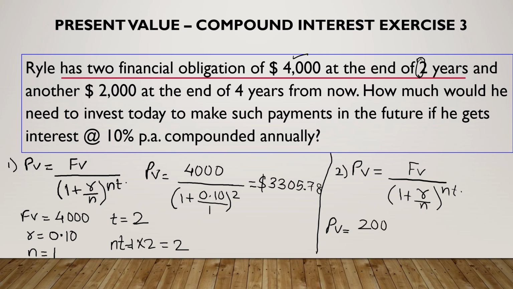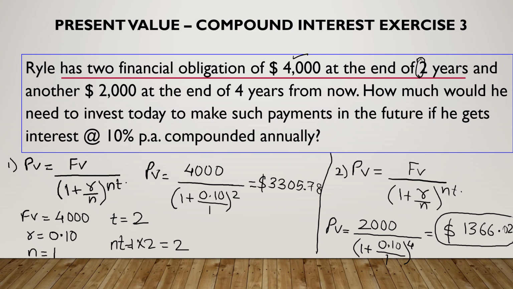Just pay attention. 2,000 divided by 1 plus r, rate of interest is the same 0.10, divided by n. n is the same, but here nt will change because it is for 4 years. So nt will be 4. So the answer for the second option will be $1366.02. This is the second option. This one is my first option.